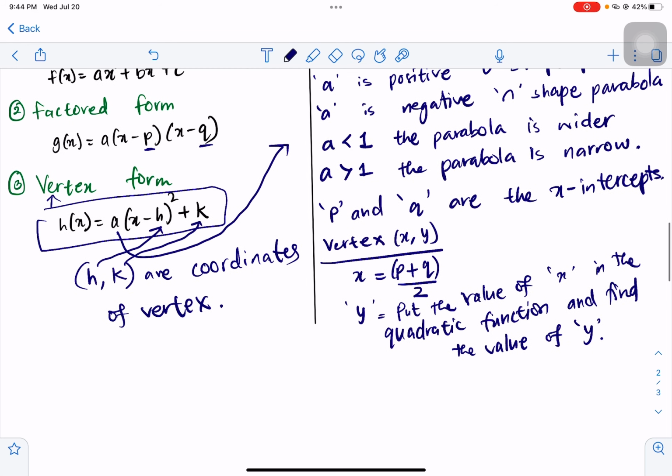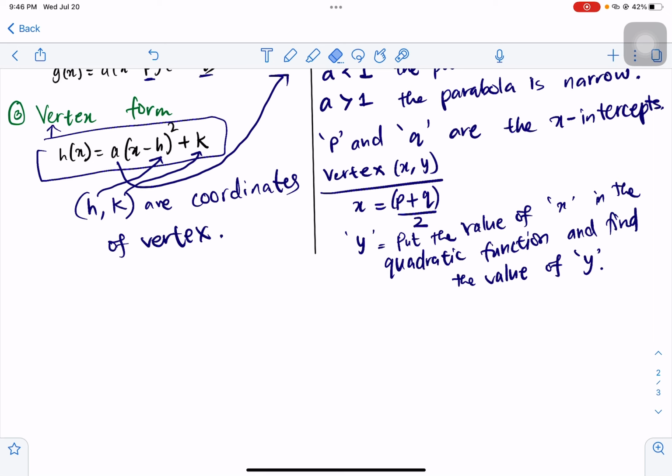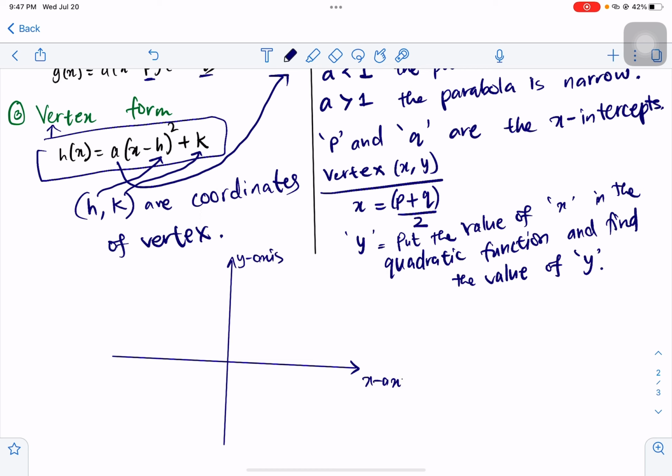When you talk about vertex, vertex means when you plot a quadratic function, this is your y-axis and this is your x-axis.